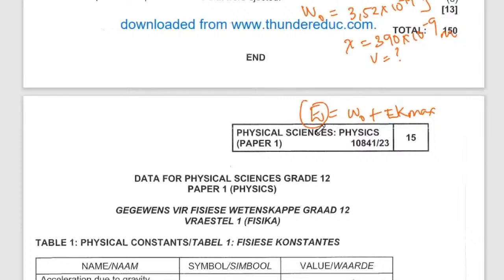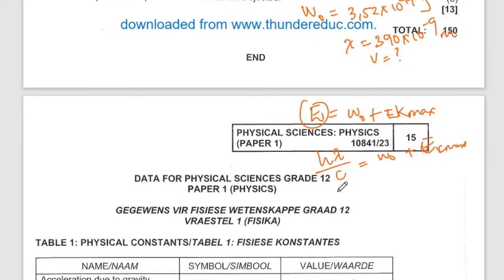So this E can be given as h lambda over c, equal to our W naught plus the EK max, and then we can do the substitution.